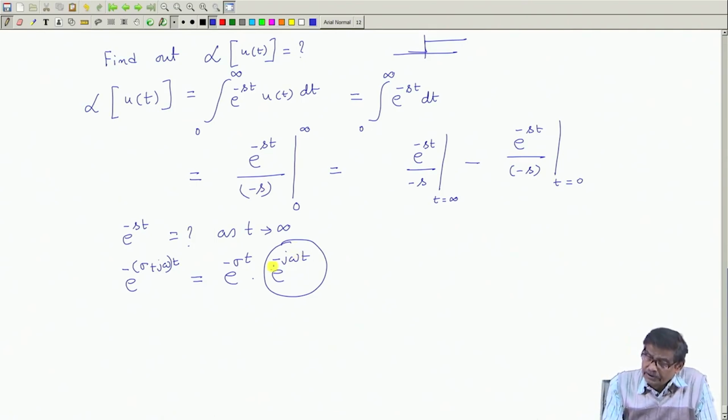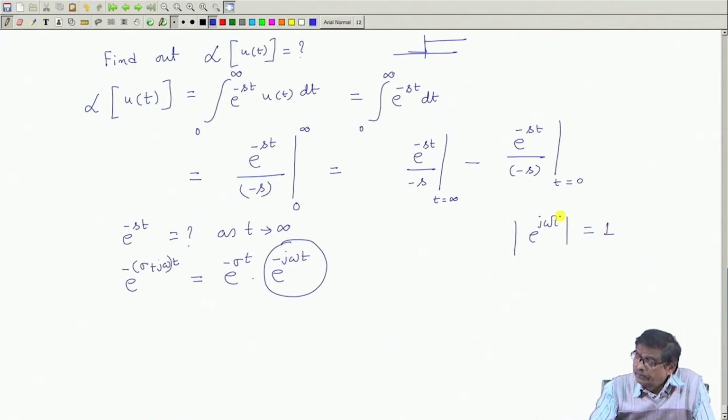Therefore, whatever will be its value will be like sin omega, cosine omega has got finite peak values, between that two only it oscillates, is not. This will be finite values no matter what is the value of t, because see e to the power j omega t. What is the magnitude of this function? Magnitude of this is equal to always 1.